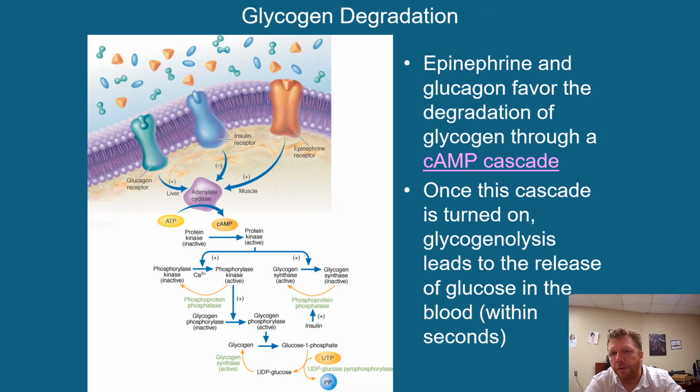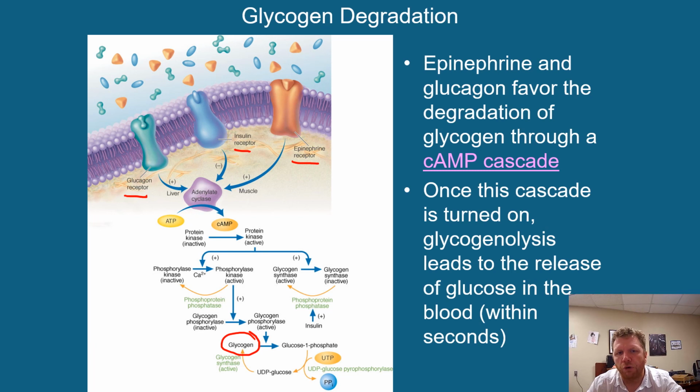Now, epinephrine and glucagon favor the degradation of glycogen through what's known as a cyclic AMP cascade. So here is basically a crude representation of that. And what I'd like to bring your attention to is this right here, glycogen. Okay, now what we have are receptor proteins for insulin, epinephrine, and glucagon.